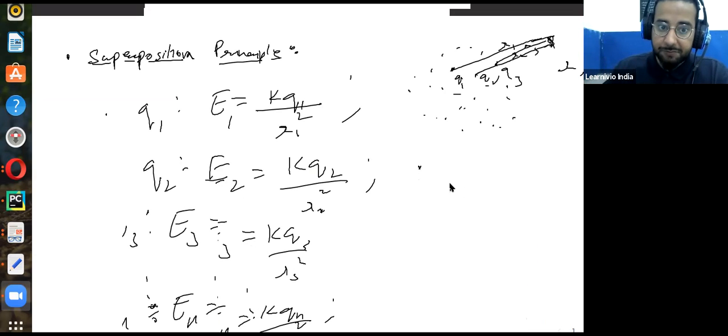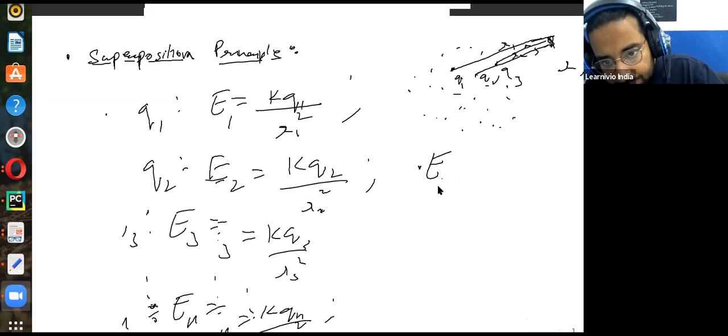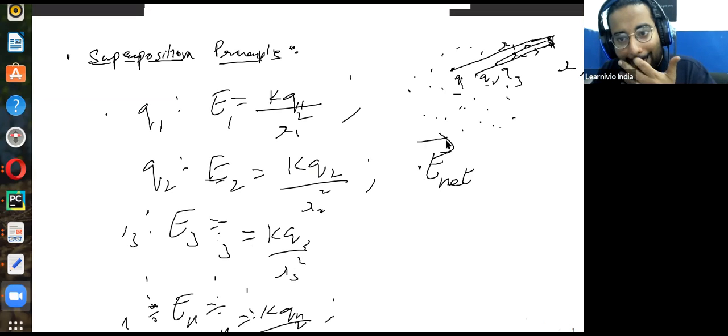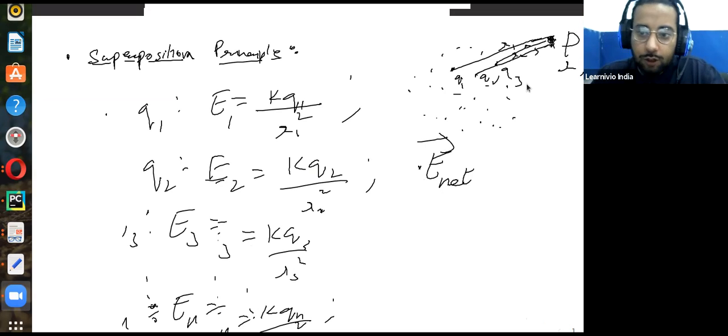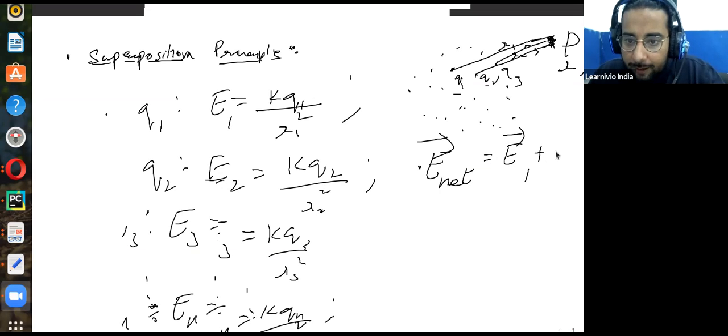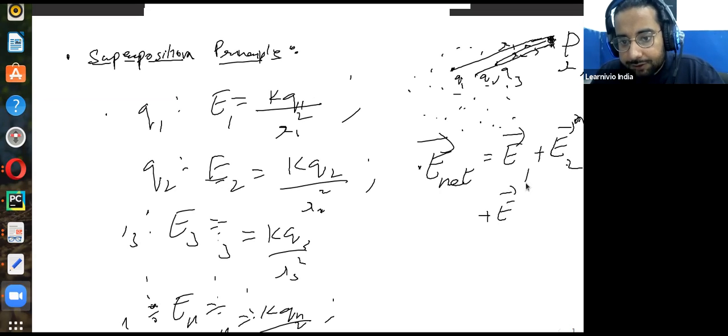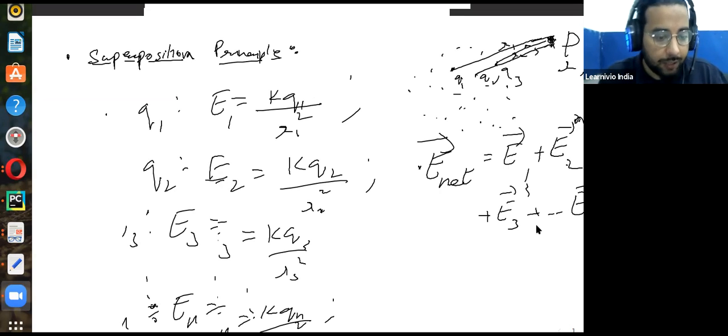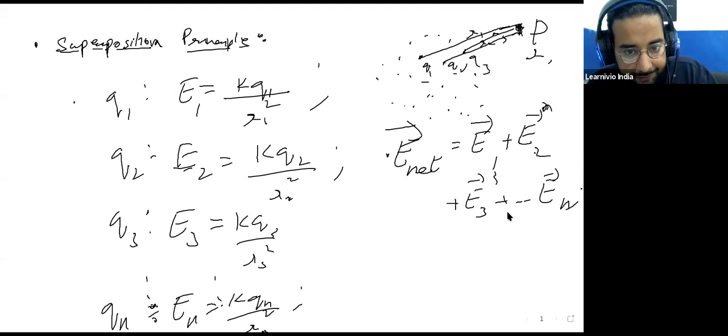What the superposition principle says is that the net electric field at this point, P, let's call it, is essentially going to be the electric field because of 1 plus the electric field because of 2 plus the electric field because of 3, and so on and so forth up till the electric field because of n. Very straightforward. Correct?